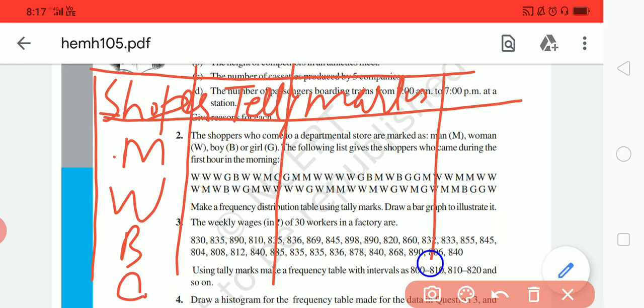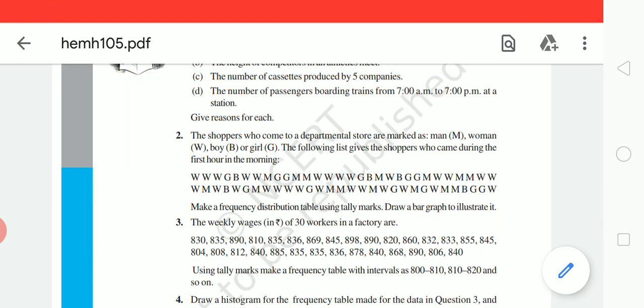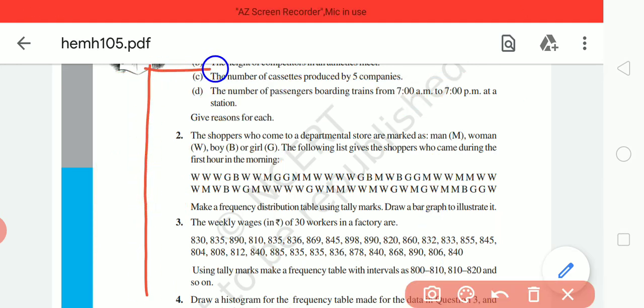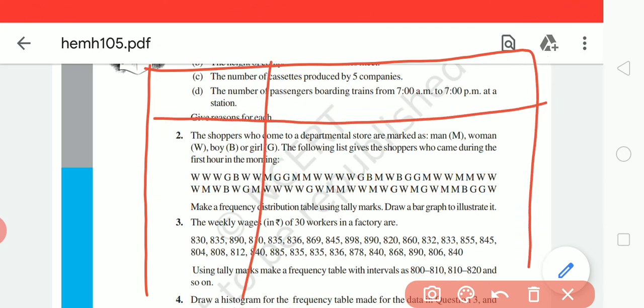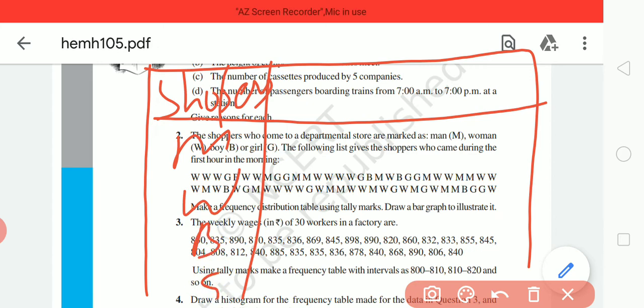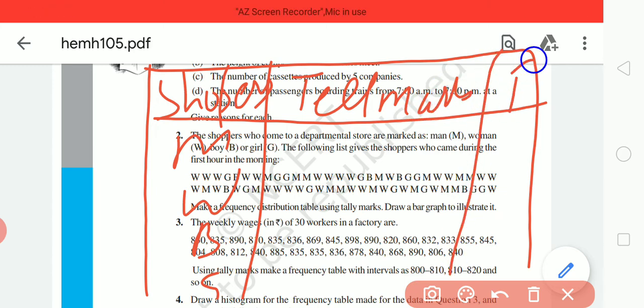So this is your table. Here you will write shoppers, that is man, woman, boy and girl, and here you will write tally marks. Here you will write frequency, so frequency or number of shoppers.